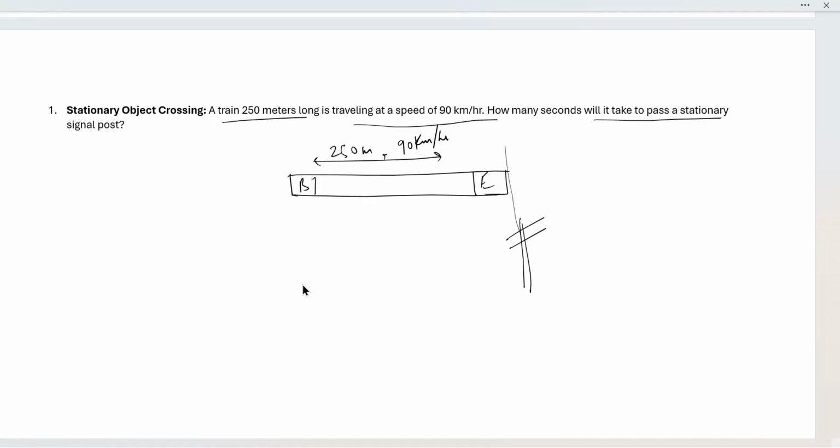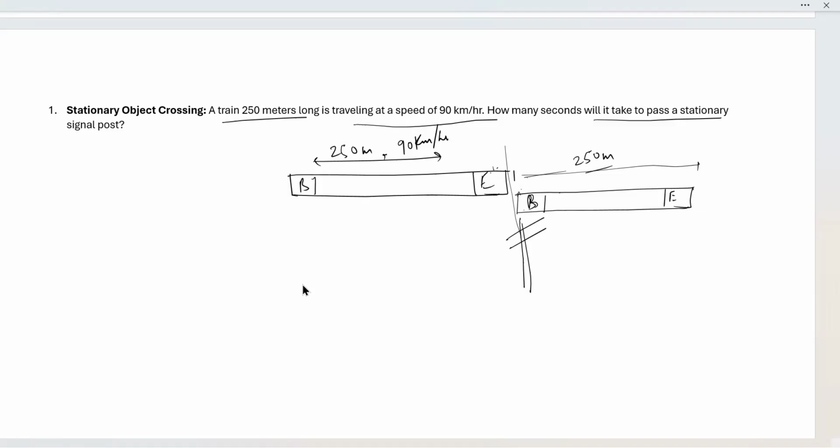Since it's a stationary object, in order to cross, the train has to reach a position like this. To reach this position, the engine has to travel a distance equal to the length of the train, which is again 250 meters.